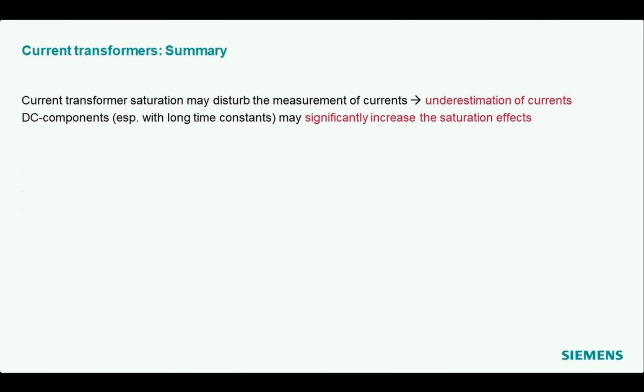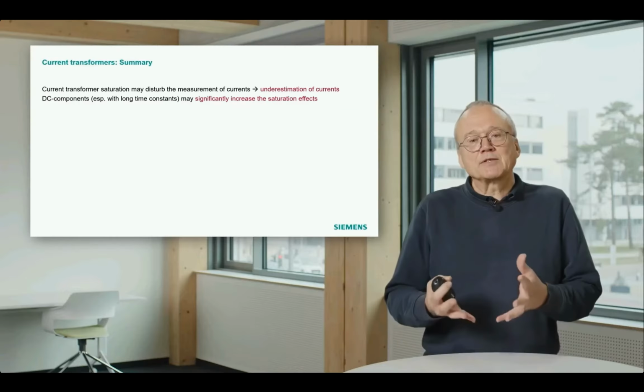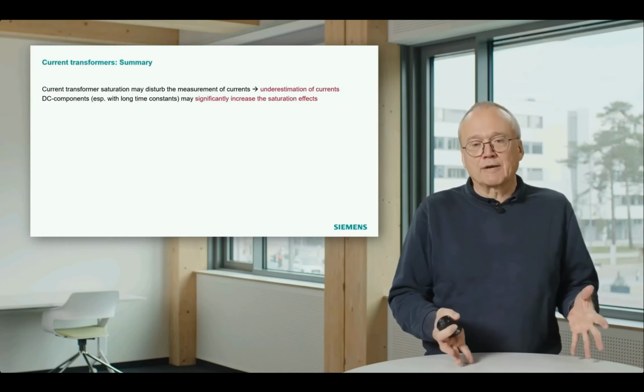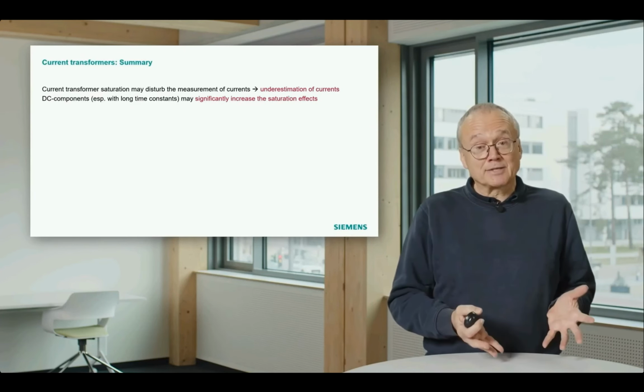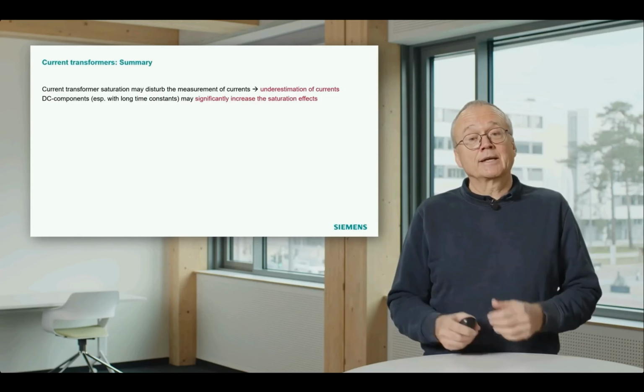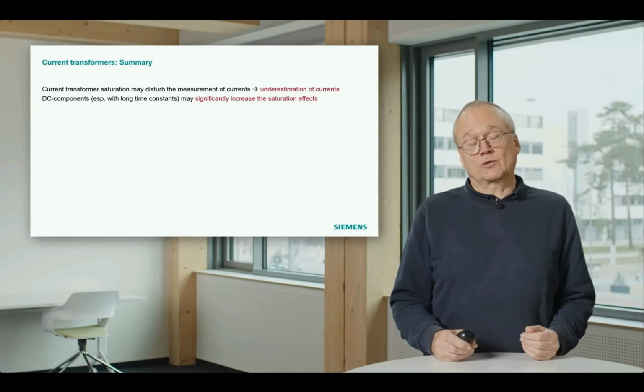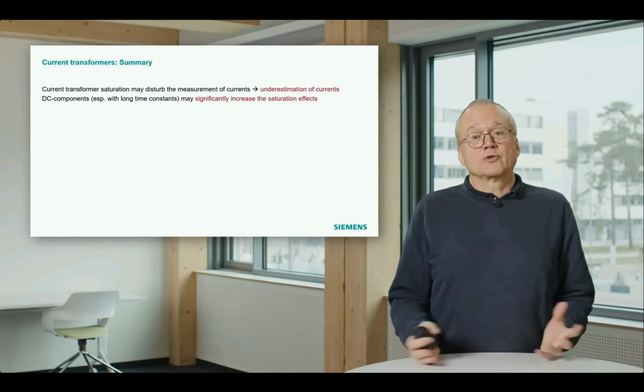And if we have DC components, especially if these DC components have long time constants, this may significantly increase the saturation effects. That means even in cases where we don't have or where we wouldn't expect saturation, we can see suddenly saturation effects. So what does that mean?